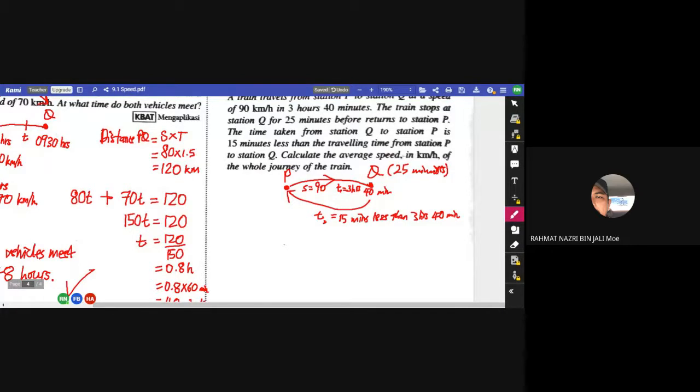Calculate the average speed in kilometers per hour of the whole journey of the train.